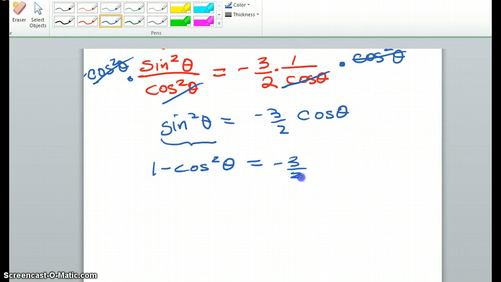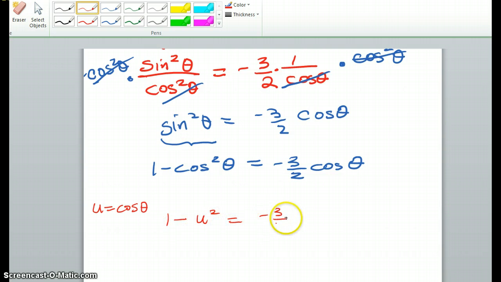And then this is negative 3/2 cosine theta. Here we go, u substitution again. We're going to make u cosine theta. So this is 1 minus u squared is equal to negative 3/2 u.